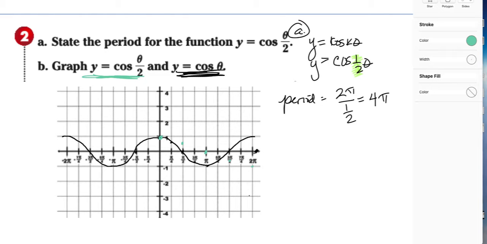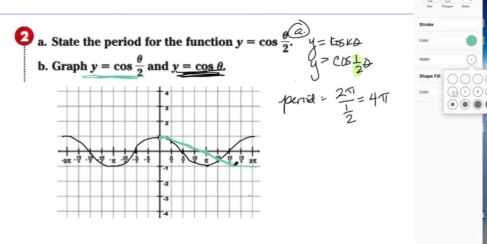So what would happen at 2 pi in the green graph is going to be what's happening at pi in the black graph. Hopefully that's making sense. So I get this. Let me try to draw it. I know you guys are giggling at how poorly this is coming out. When I have trouble, sometimes I just make it a little thicker. Let's try that.